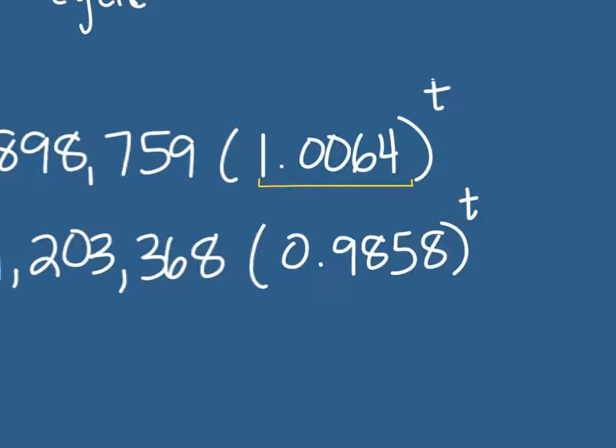What Ben is recognizing is that that is a growth factor. So San Jose is a city that is growing. And in the other one, that must have been 1 minus. You had to have subtracted something to get that number. And so Detroit is a city that's in decline or decay. The population is going down.